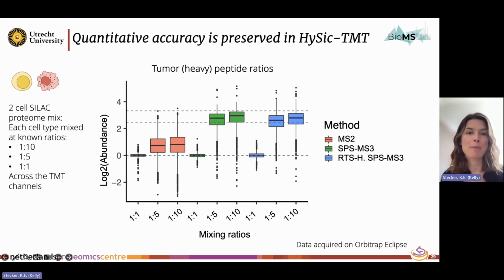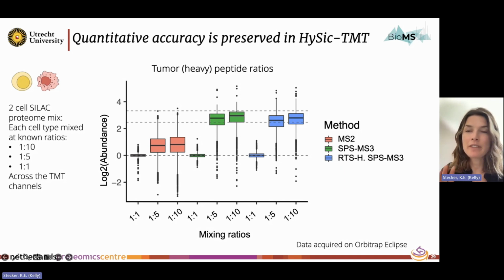And then we extract back those known ratios and see how accurate the quantitation is based on the expectation. So what you can see on the y-axis is the abundance, and the dotted lines are the expected quantitative values. And the different colors represent the different mass spec methods.